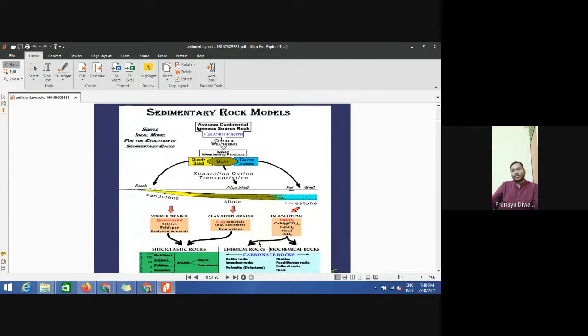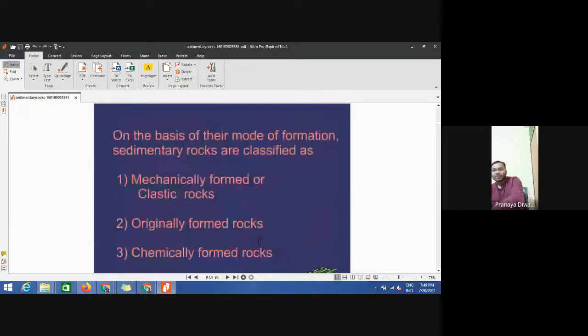Sedimentary rock models are simple, and it is an ideal model for the evolution of the sedimentary rock. How is the sedimentary rock evolved? You have granodiorite, and after the complete weathering of this rock, you have quartz sand and calcite in solution. So this is a rock model of how the sedimentary rock is formed.